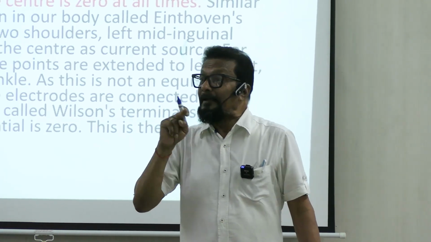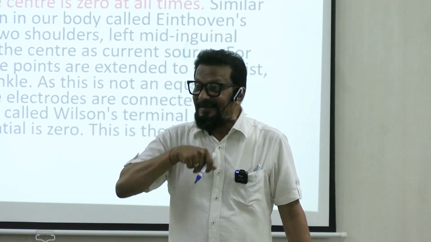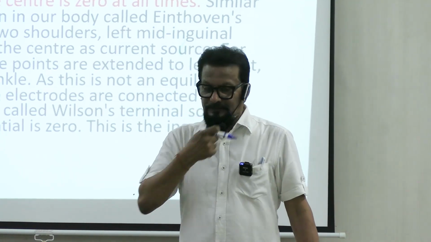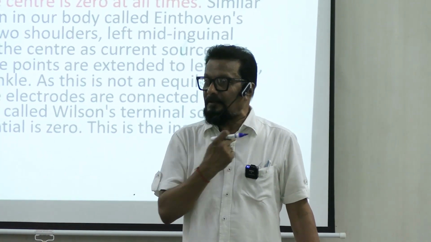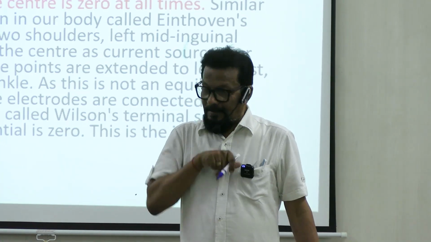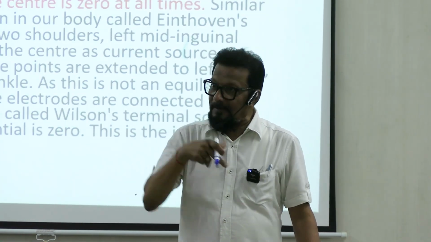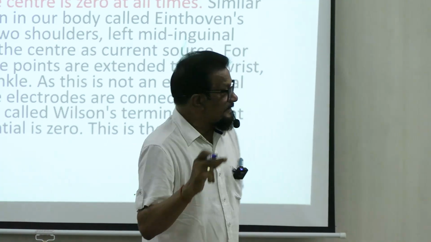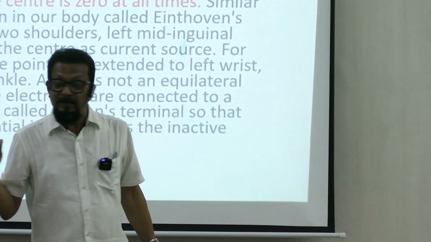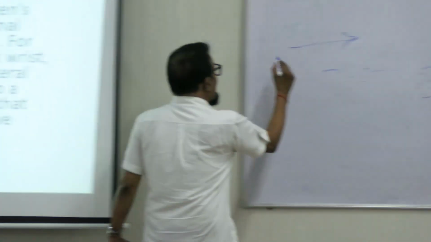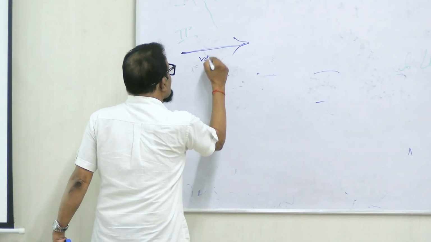Means some degree you have to mention. What is the degree? You just think of it as 180 degree, 360 degree. Now at what degree does our heart lie? That is the mean cardiac vector. And this vector has a strength, and this is the voltage.